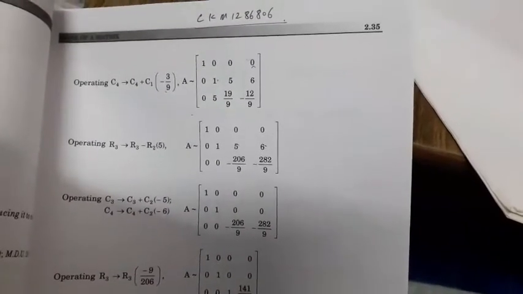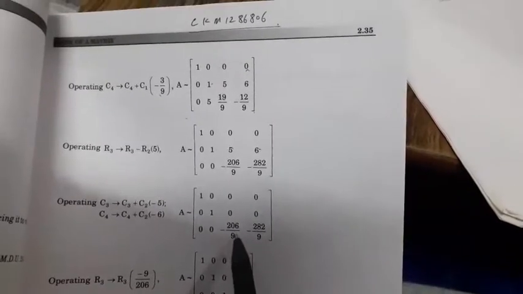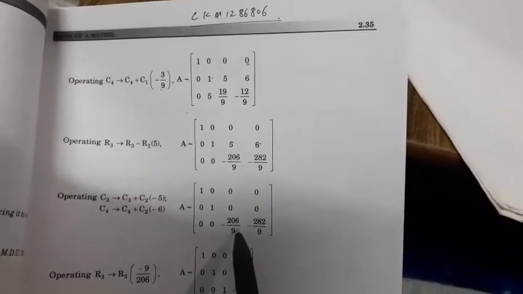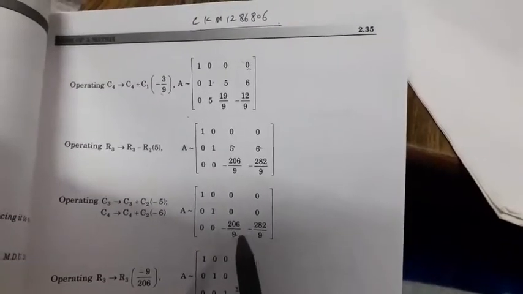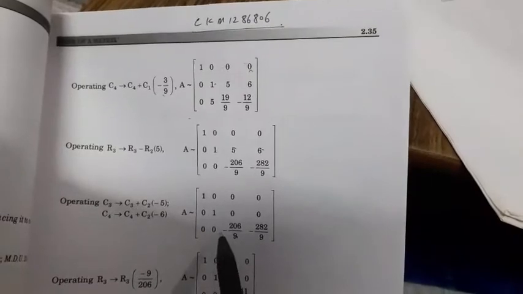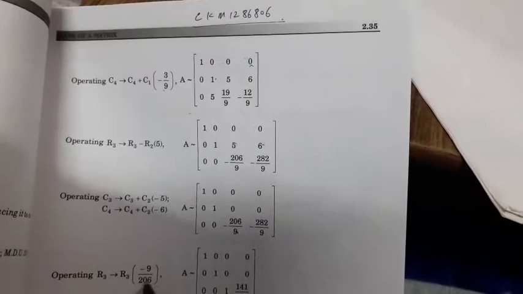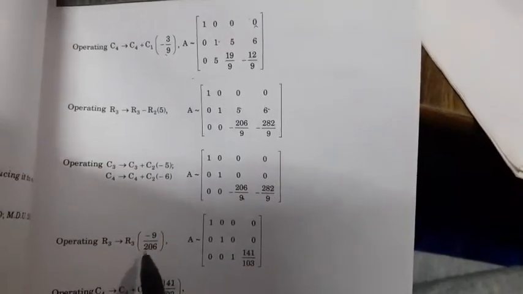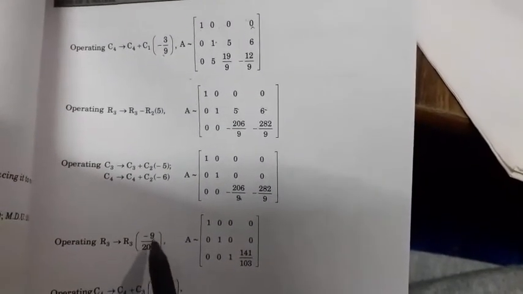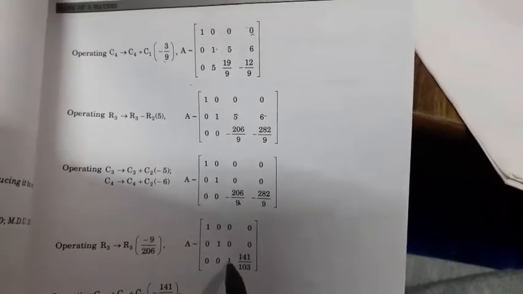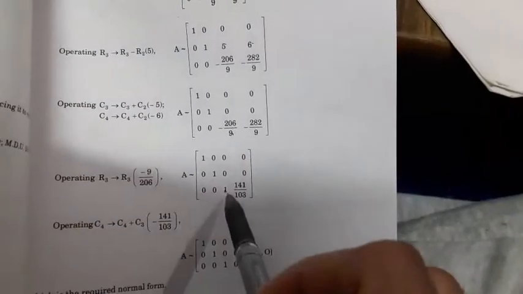Now take the next equal positional element. To make this unity, first we make this element unity. To make this unity, what will you operate? We will multiply R3 by the reciprocal of this element. Multiply R3 to make this element unity. Now by using this unity make this element 0.